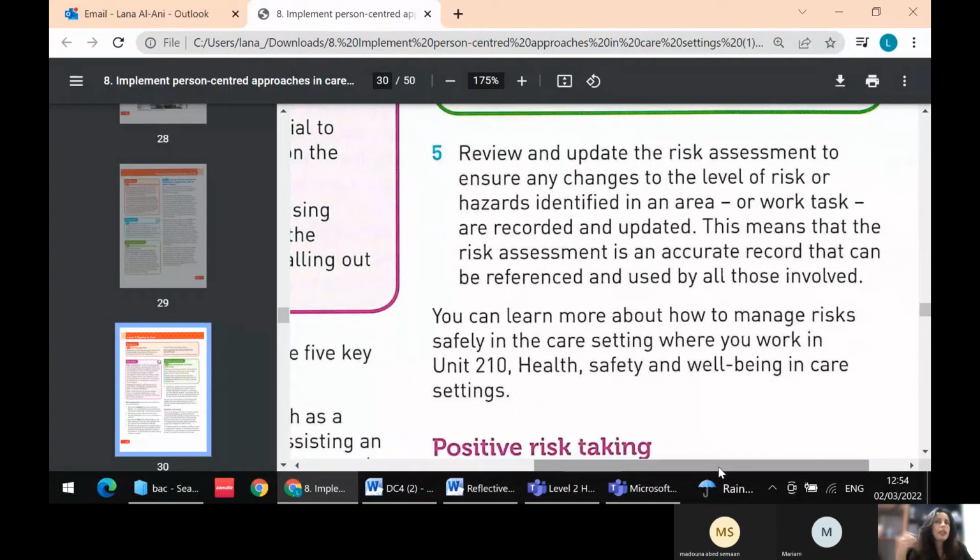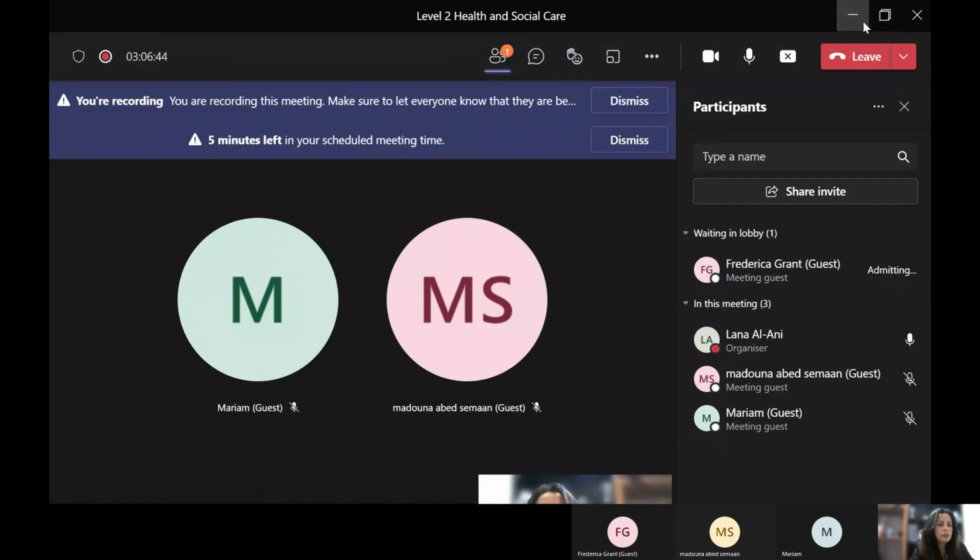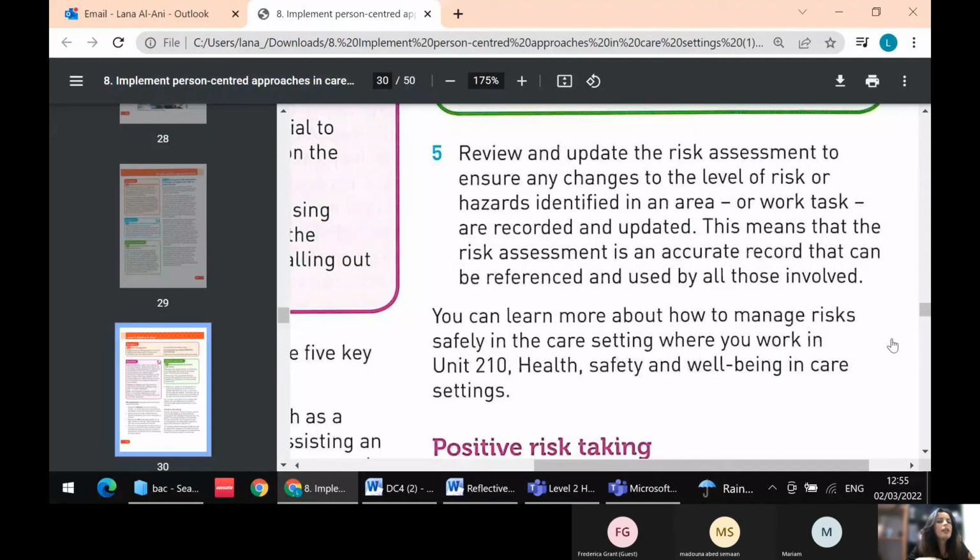Just in case I came one day and saw her cutting her hand with a sharp knife, then it has gone from low to high risk. Then I would stop allowing her to do her salad by herself, and I would need to support her more. So I always update my risk assessment regularly and record all the changes about the hazards in that area.